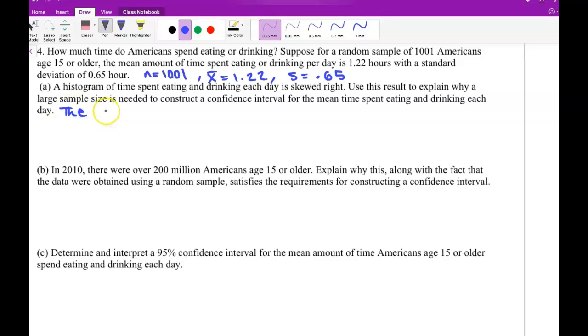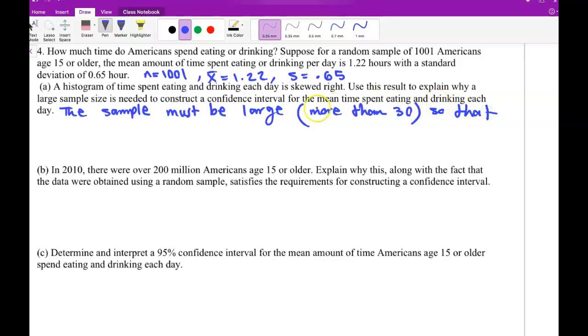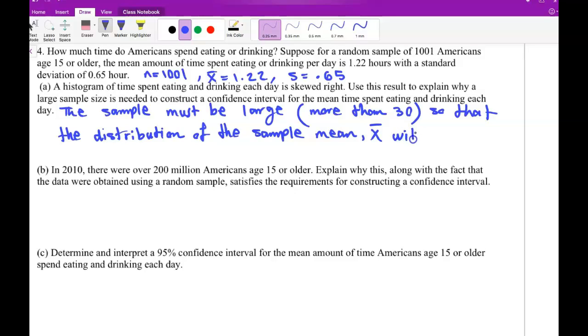The sample must be large, what that means, more than 30, so that the distribution of the sample mean X bar, this one, will be approximately normal.